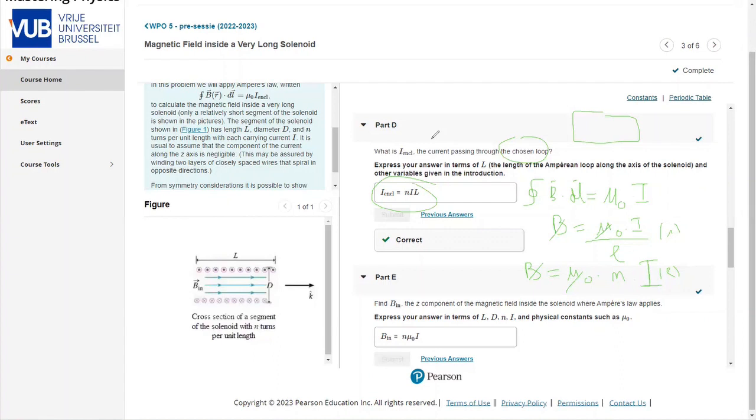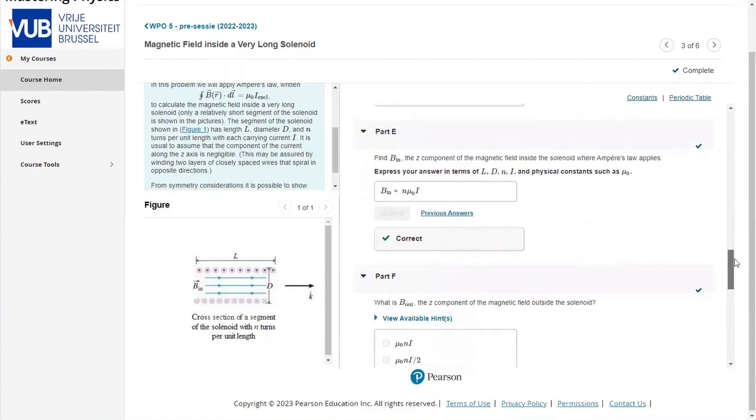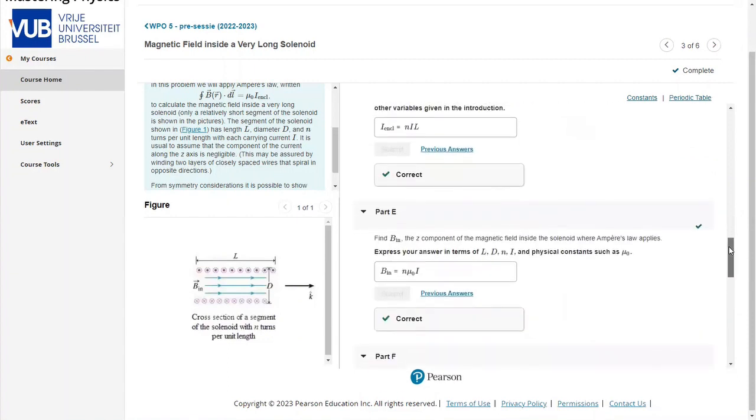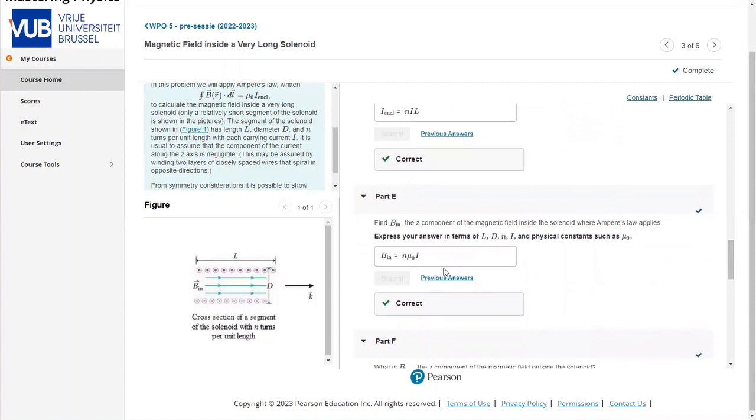Okay, next one. Basically, what I'm trying to say is this is just the formula for the magnetic field for a solenoid. For a solenoid, that's this formula.